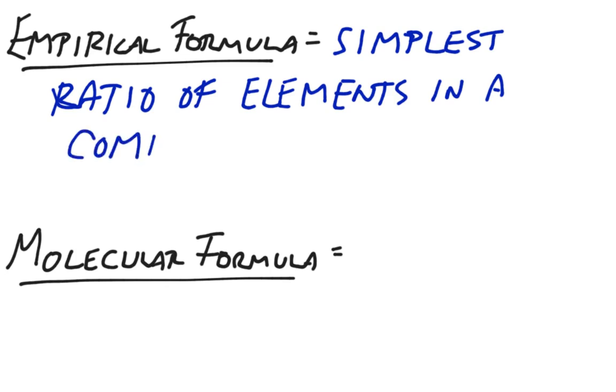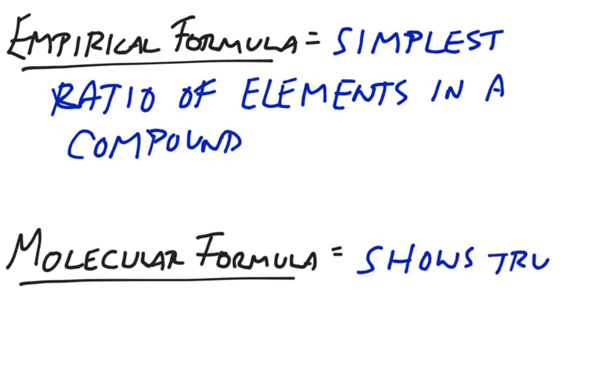In comparison, the molecular formula shows the true mass. The molecular formula is going to be a multiple of the empirical formula. It can often be the same, but it is also often different.